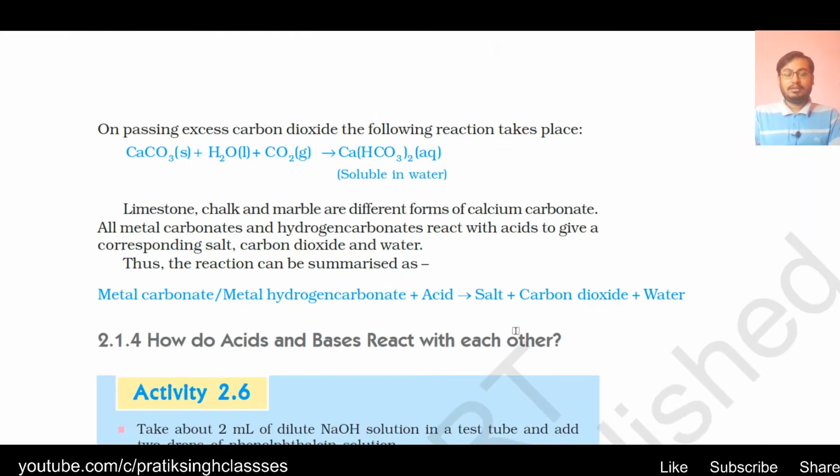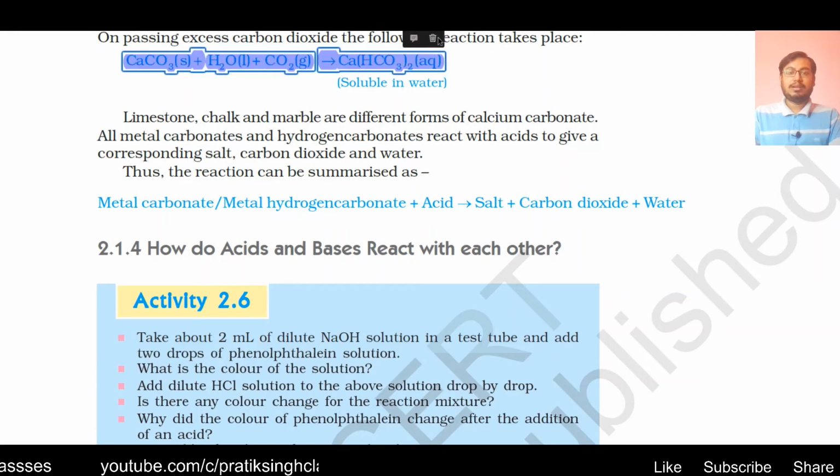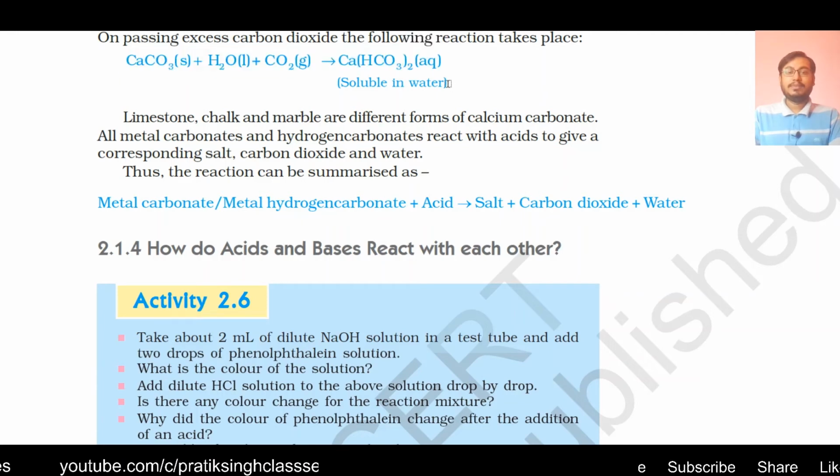Once again, on passing excess carbon dioxide, the following reaction takes place. Calcium carbonate plus H2O plus CO2 makes calcium bicarbonate, and it is not a precipitate. This is a solution which contains aqueous calcium bicarbonate.